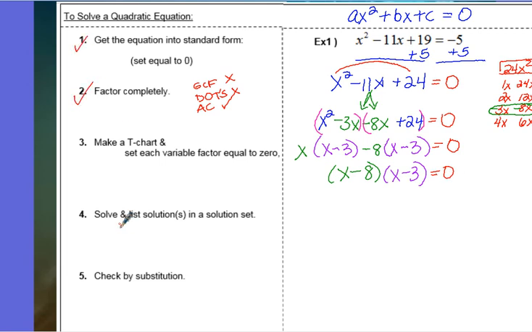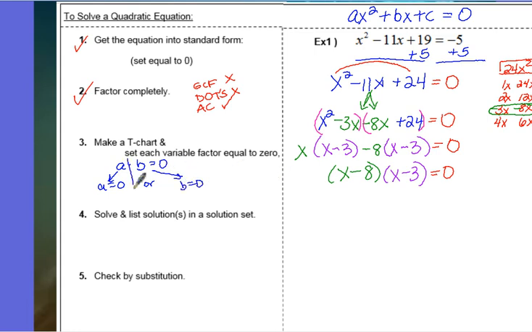I've factored completely. Our new step says to make a t-chart and set each variable factor equal to 0. This is when the zero product property comes in. If A times B must equal 0, we know that either A equals 0 or B equals 0.